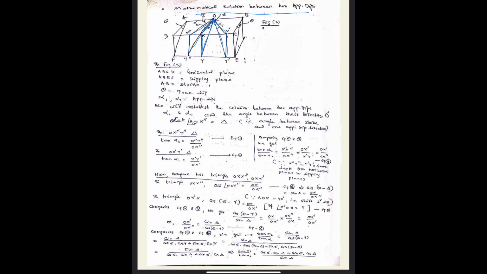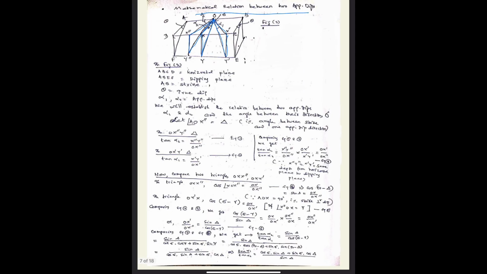We have tried to solve it in the same manner as the previous mathematical relation, and finally we have got this formula that relates the two apparent dips and the angle between them.